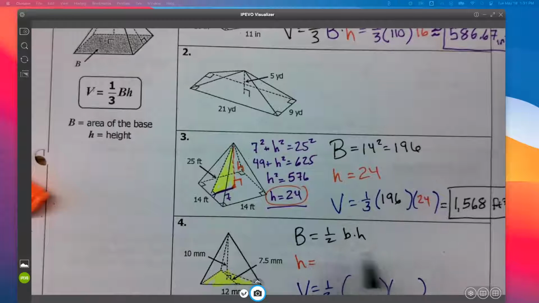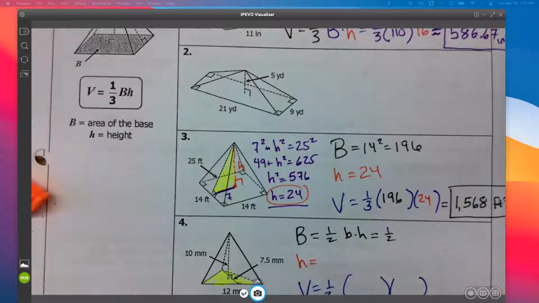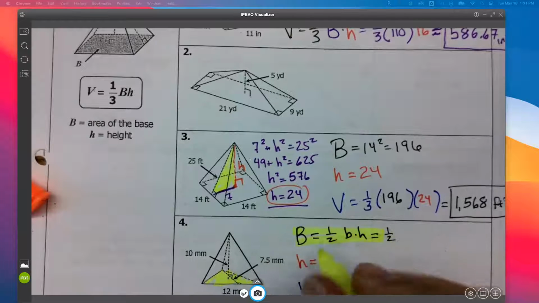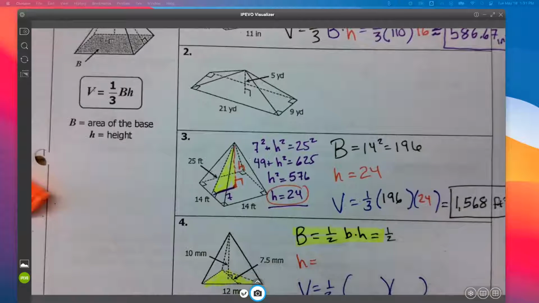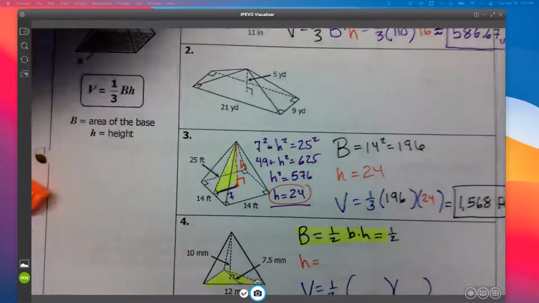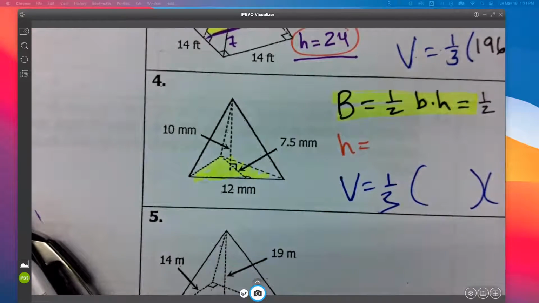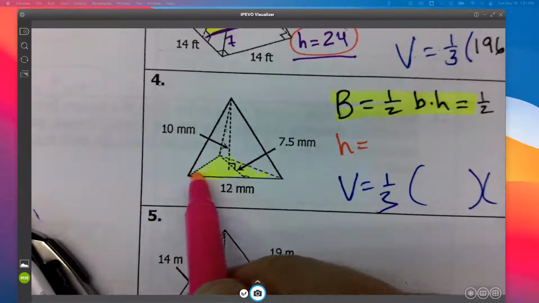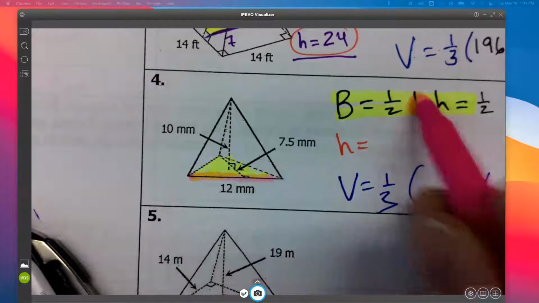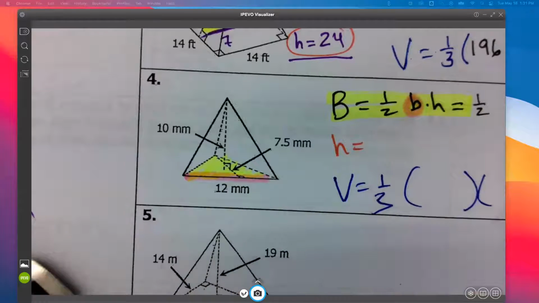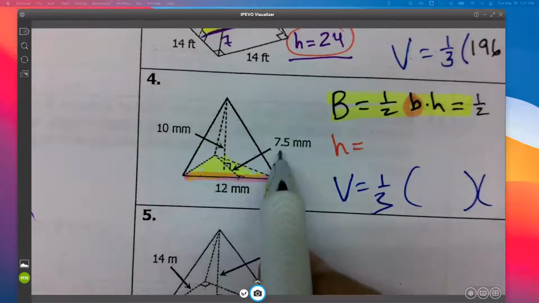So what should I use for my B here? Again, for this whole big B, I really want to just be focused on the yellow. I really want to look at just this triangle here and say, if that were my base, then I could find something that's perpendicular to it.